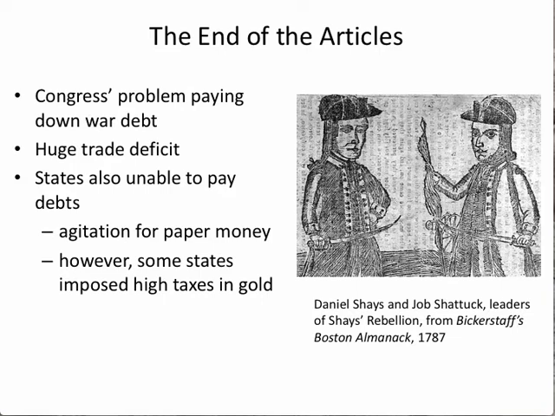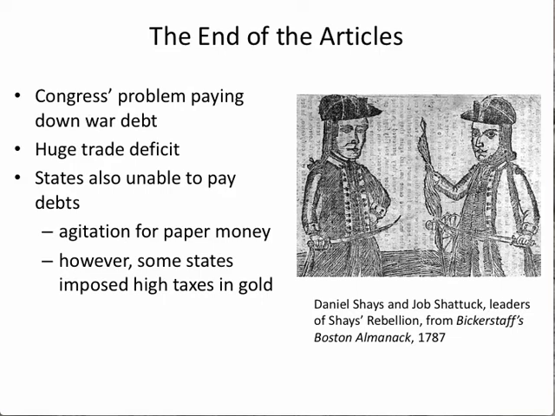Now, the state legislatures could tax the people in the states. However, many of the states had also run up massive war debts, and the economy was not really strong enough for them to collect enough taxes to pay off those debts. And in this situation, there were two basic approaches that the states took to try to solve that problem.